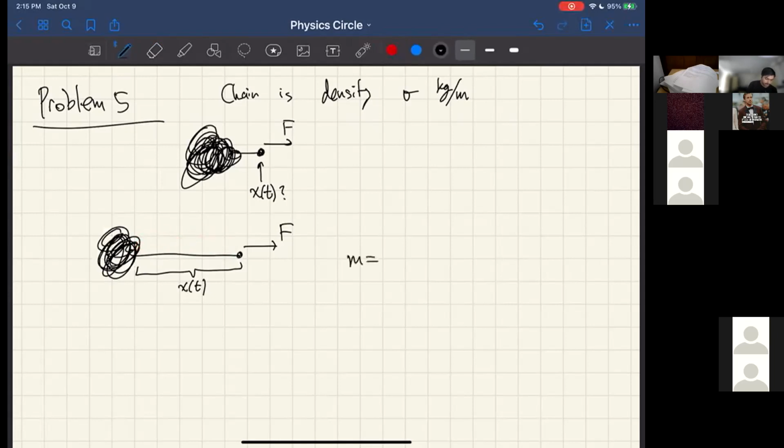The mass of that piece is sigma x, and the velocity is x dot. So the momentum of the piece that you're pulling is sigma x dot. And we know that F equals dp/dt, which is equal to, by the product rule, sigma x double dot.